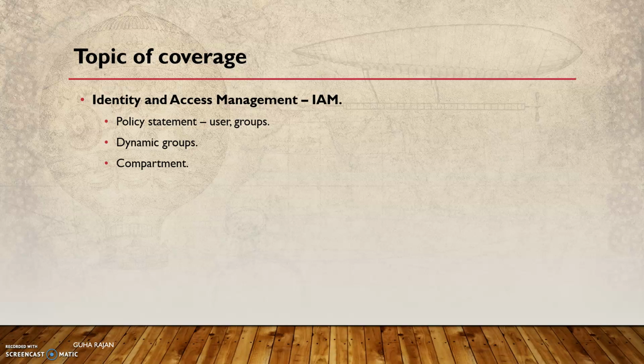So who gets access to what? That is what identity access management is all about. I'll be discussing the important concept of policy statements. Policy statements are how you manage the cloud infrastructure. So you need a good understanding of what policy statements are all about.